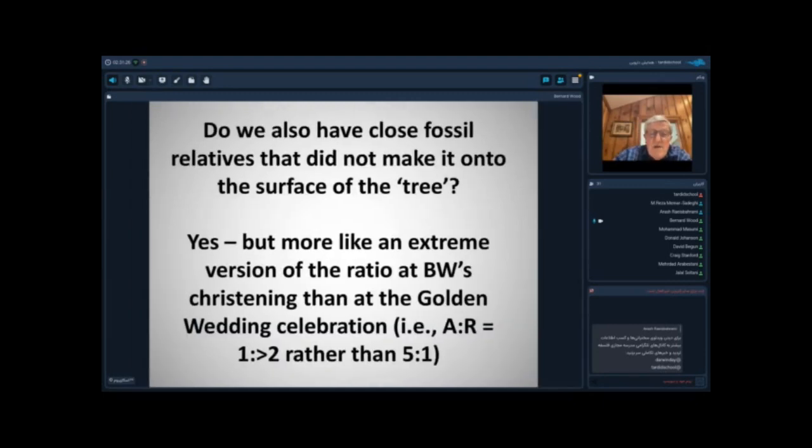And the answer to that is very much yes. And it's more like an extreme version of the ratio at my christening than at the golden wedding celebration. In other words, most of the fossils that we recognize in the hominin fossil record are likely not to be our ancestors.